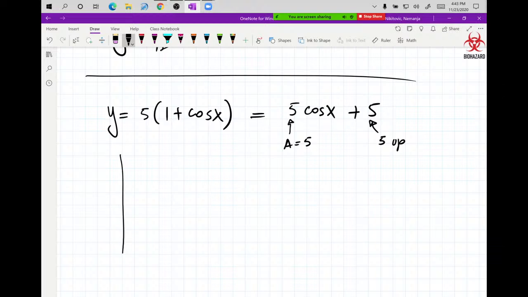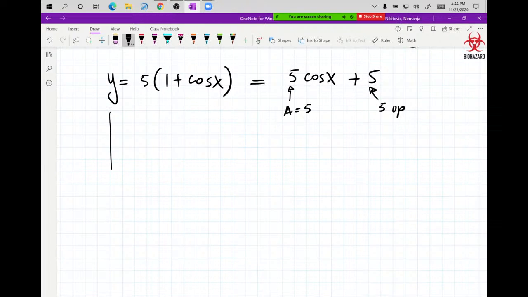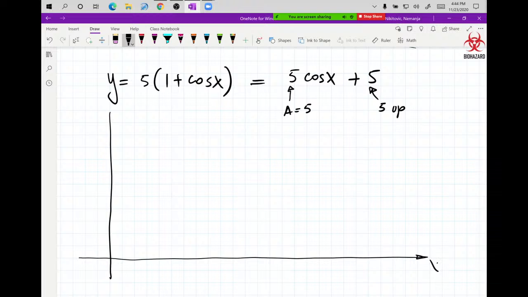So when you graph this monstrosity, this is your x-axis, this is your y-axis. Cosine is going 5 up, which means that the middle line for cosine is 5 up: 2, 3, 4, 5. And your amplitude is 5 up and 5 down.